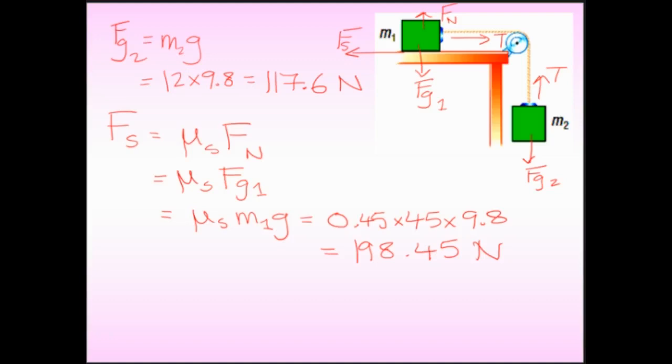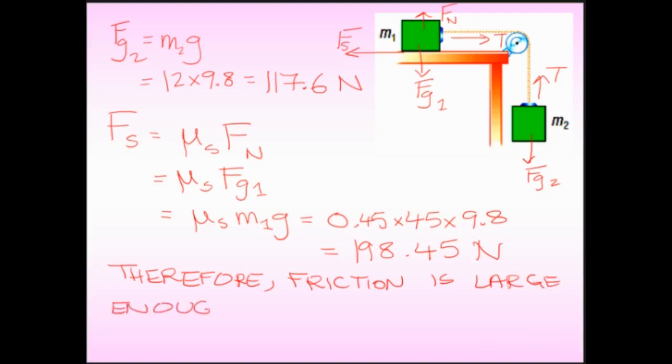So let's do a therefore statement. Therefore, everyone, friction is large enough to, I'm not going to say to stop motion, because technically there's no motion, but to keep the system stationary.